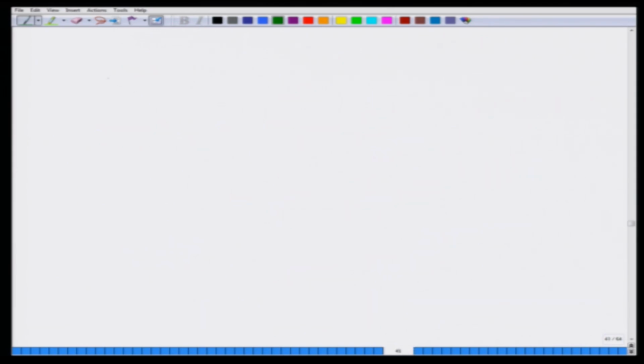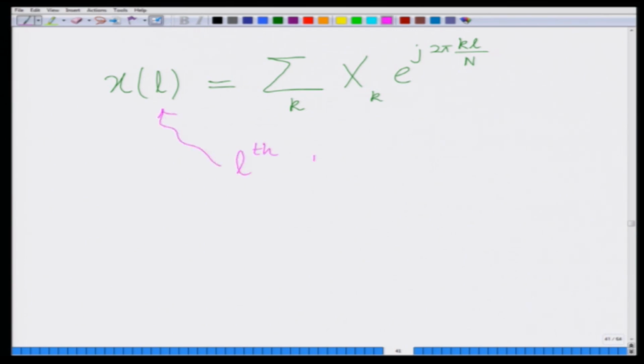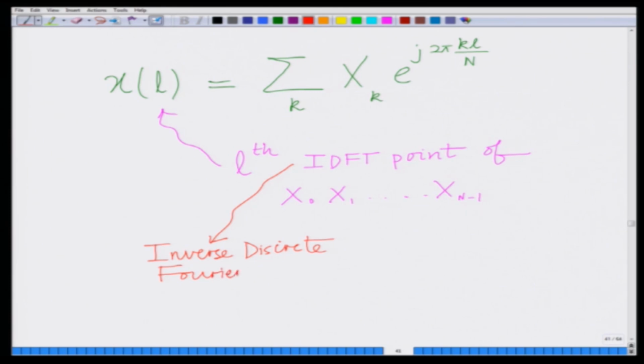So, if you look at this x L, which is equal to summation over k of X k e to the power of j 2 pi k L divided by n, this x L is simply the Lth IDFT point, inverse discrete Fourier transform point, of X0, X1, up to X n minus 1.